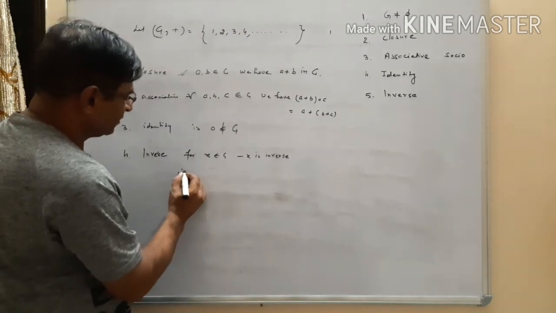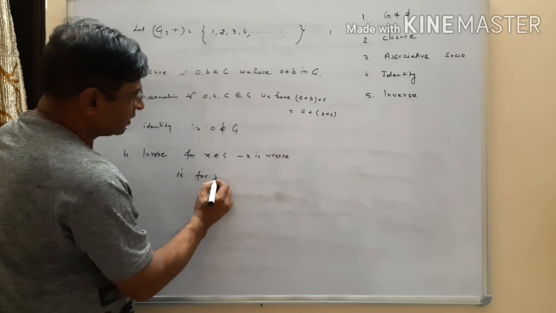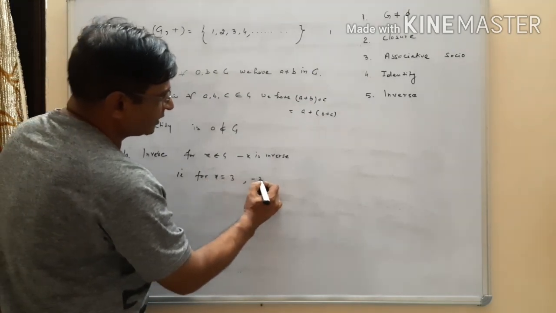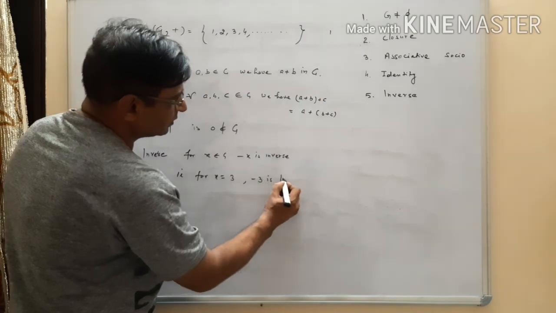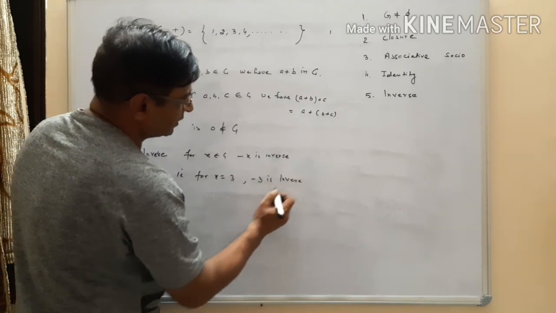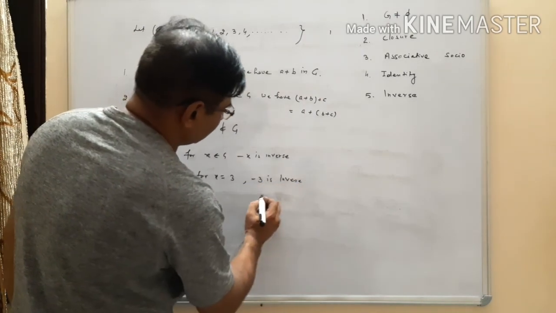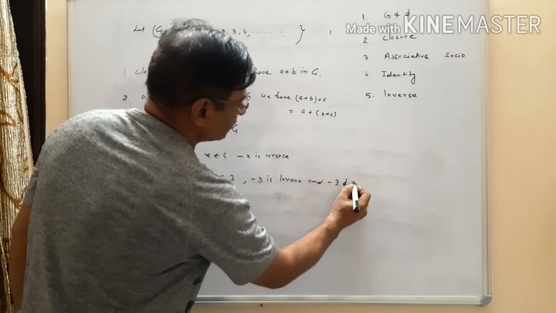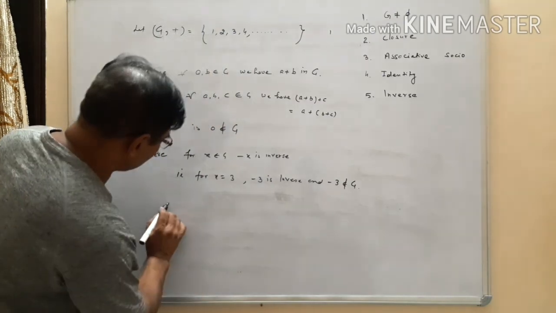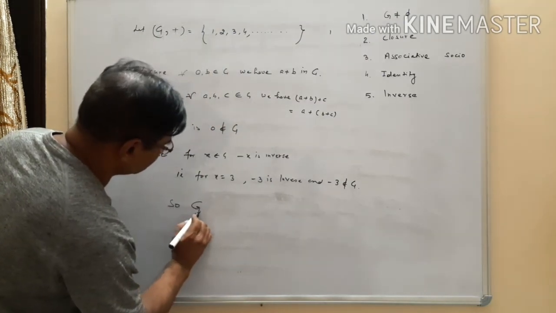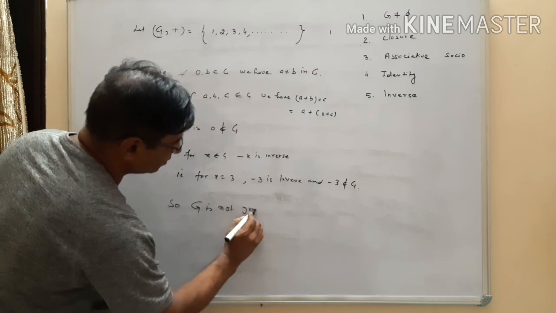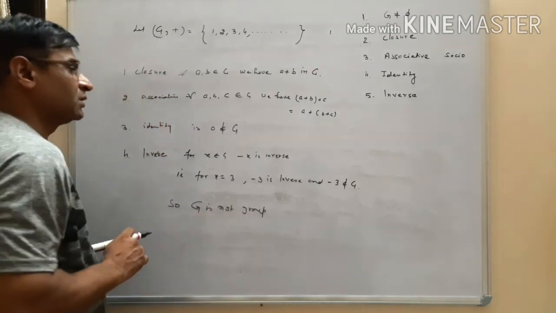That is, for X equal to 3, minus 3 is the inverse, and minus 3 does not belong to G. So G is not a group.